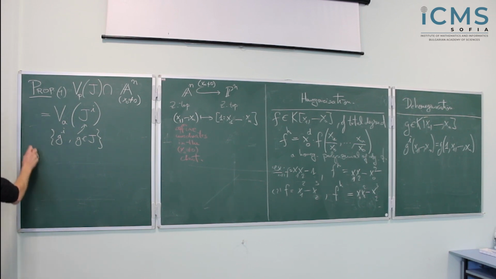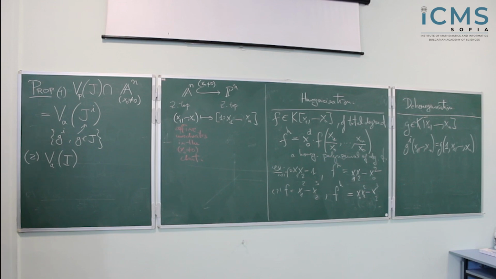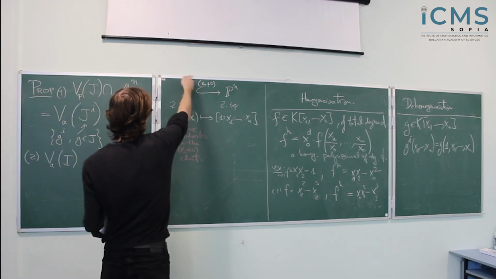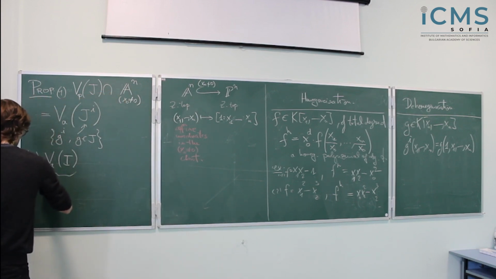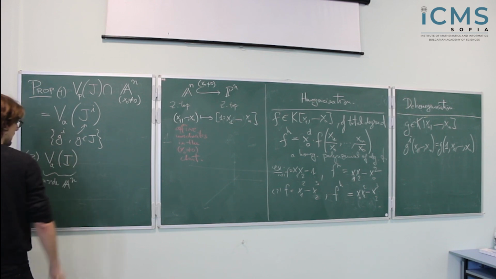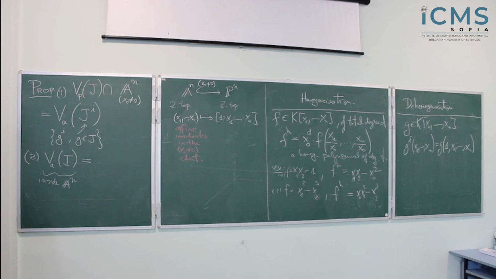So there's also an opposite direction for this. So if I consider an ideal I and the affine set V_A of I inside of A^n, then I can actually consider it as a trace of a projective set.